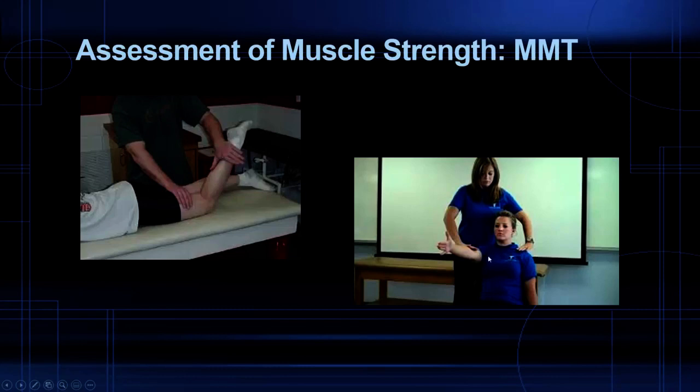Okay, and then this is a test of the shoulder flexors, anterior deltoid. So you can see here that the therapist always has the other part of the limb stabilized. Okay, so we've got a stabilizing hand and a resistance hand, and actually this hand should be over here on that scapula.